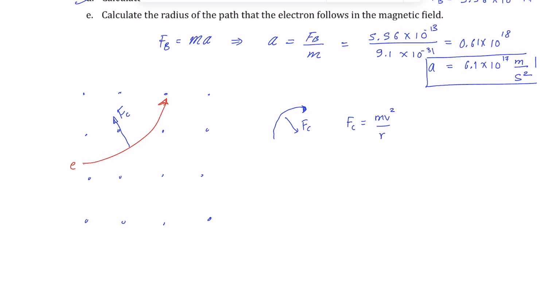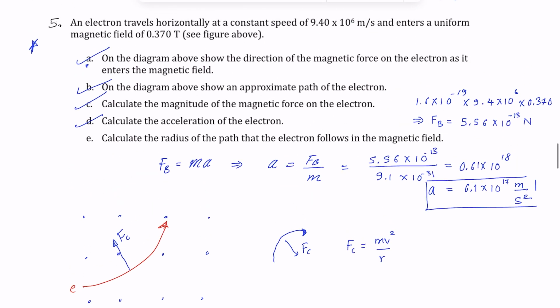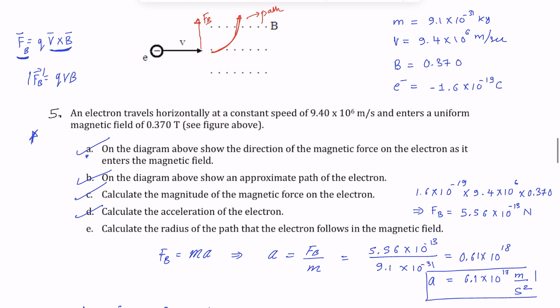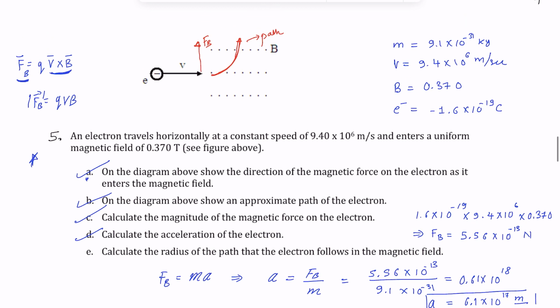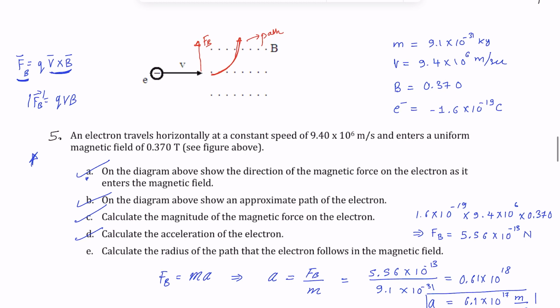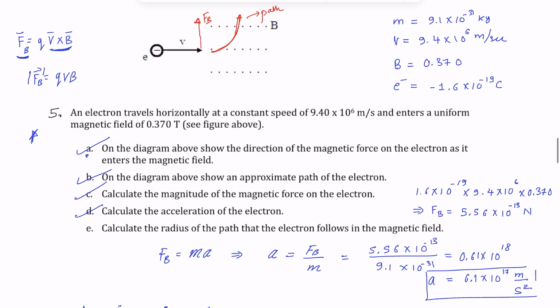But we don't have velocity, do we? Hold on. The velocity is given to us, and it's 9.40 times 10 to the 6.